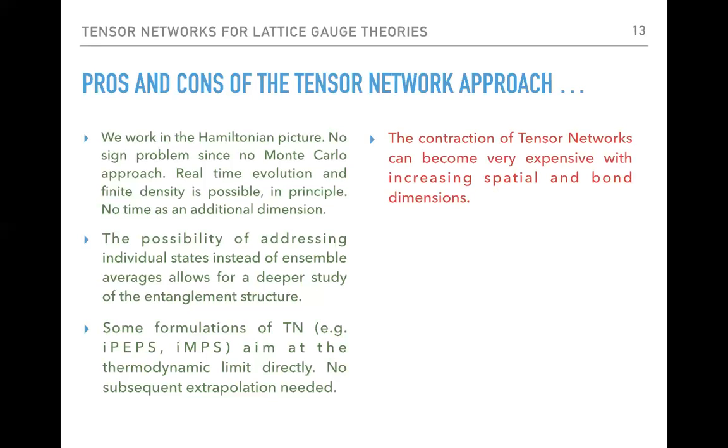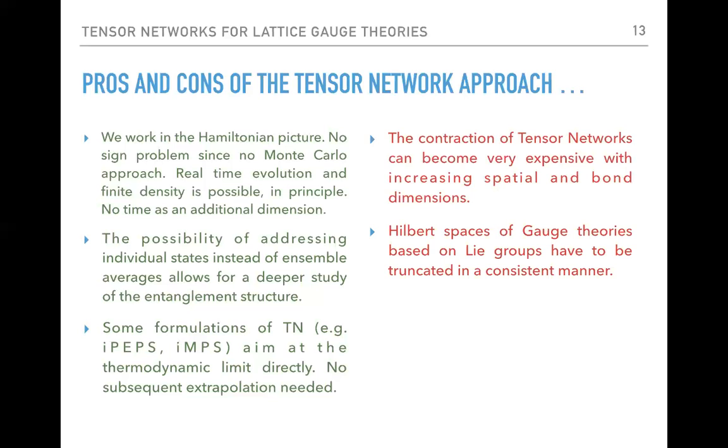And for example, for space dimension 2, it goes like d to the 10. So it can get pretty expensive very rapidly, but still it's a polynomial scaling, although the exponent might be very large.